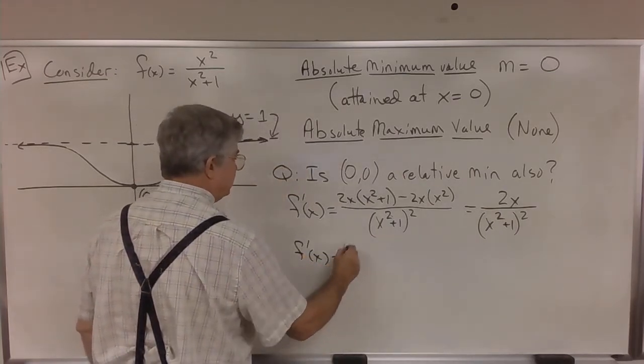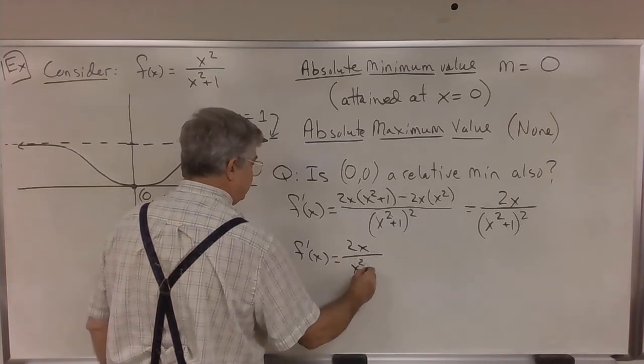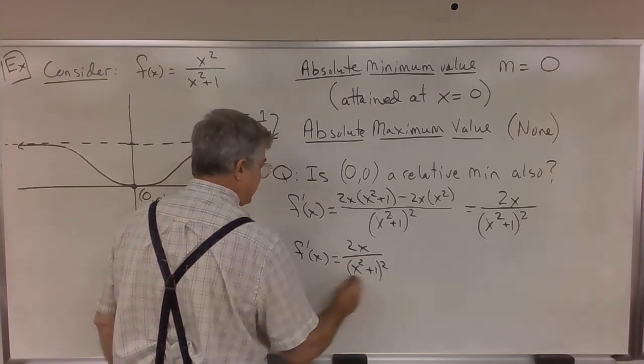So f prime of x is 2x over x squared plus 1 squared.